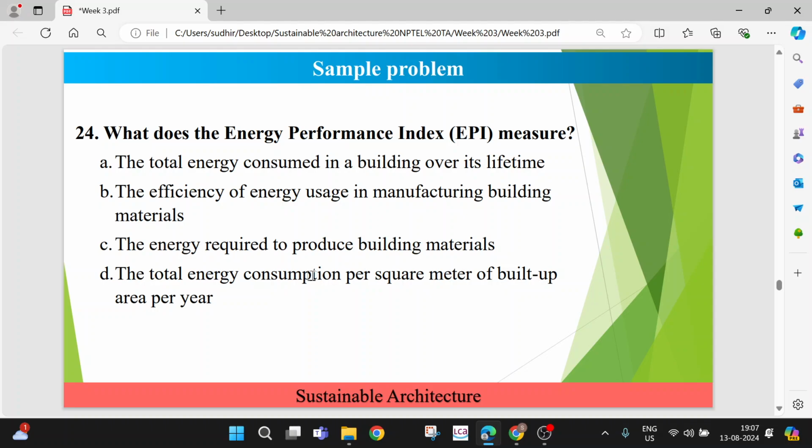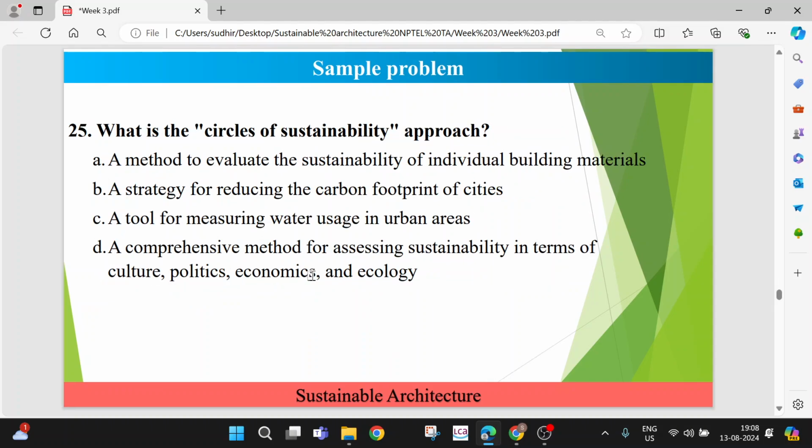It is calculated for every building, and then they are compared to see which building is performing better and which is not, and based on that some rating is done. So option D is the right answer, and Sarath had already given the answer in the beginning, so we can move to question 25. Okay, here is question 25. What are the circles of sustainability?